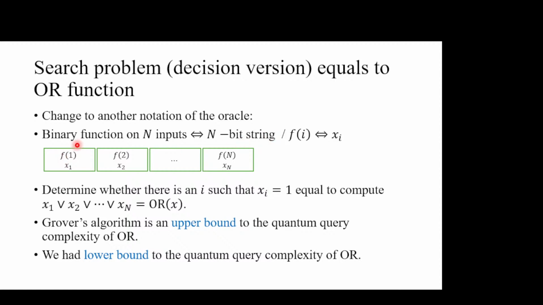Before we had a small f of x where x goes from 0 to big N minus 1, but it's the same. So we used to have f being from {0,1}^n to {0,1}, and we just think of big N as equal to small n. And anyway.